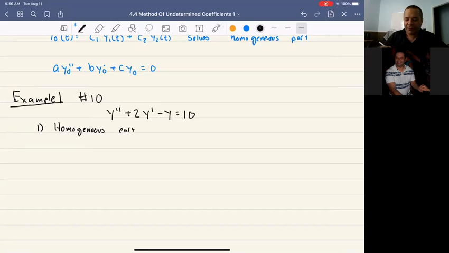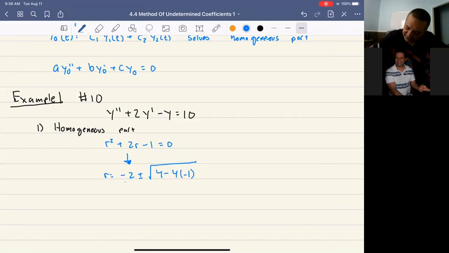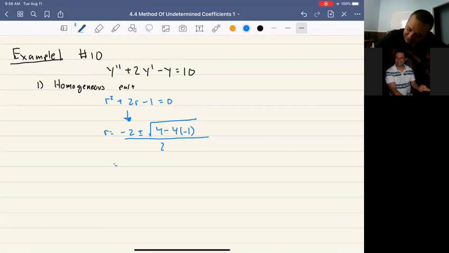The homogeneous part has the characteristic polynomial r² + 2r - 1 = 0. That's going to have roots r = (-2 ± √(4 - 4ac)) / 2a, which is -1 ± √8 / 2.